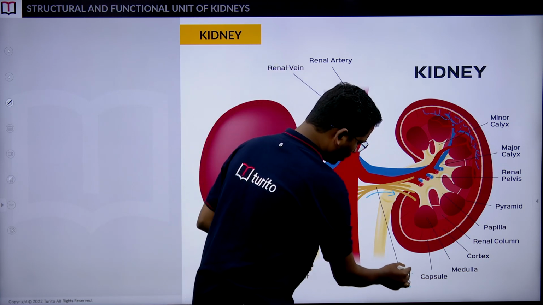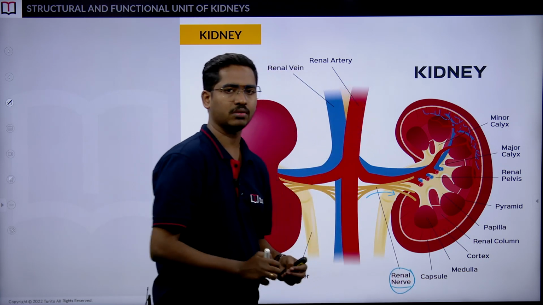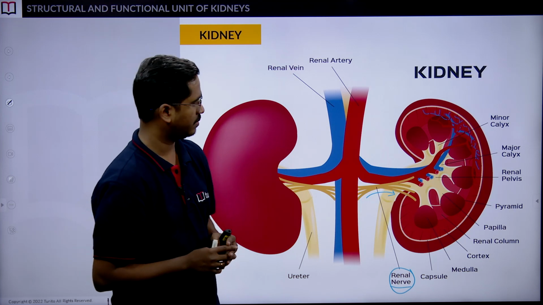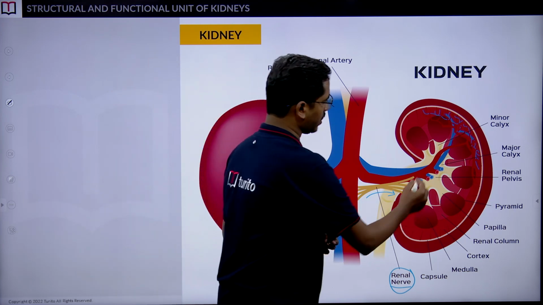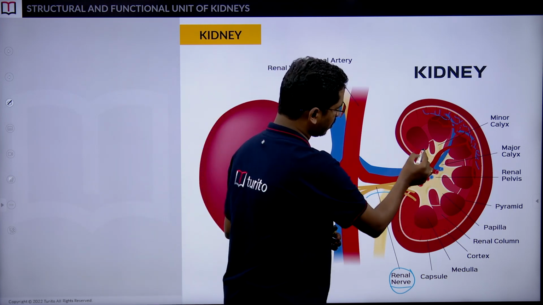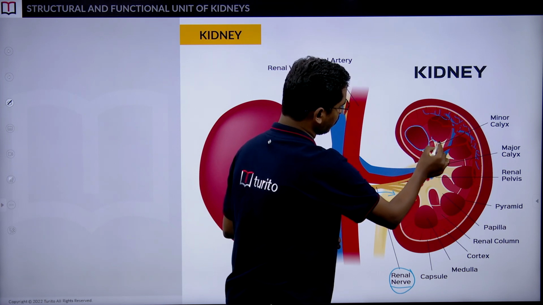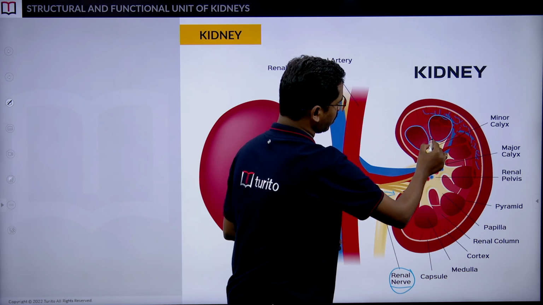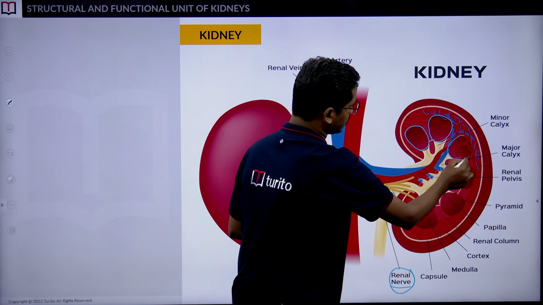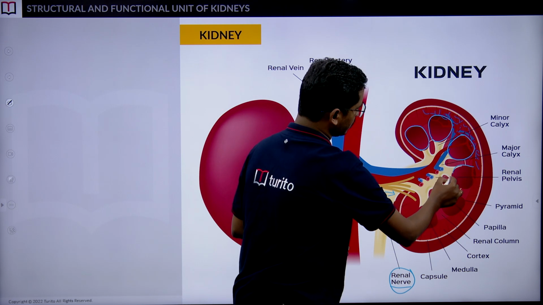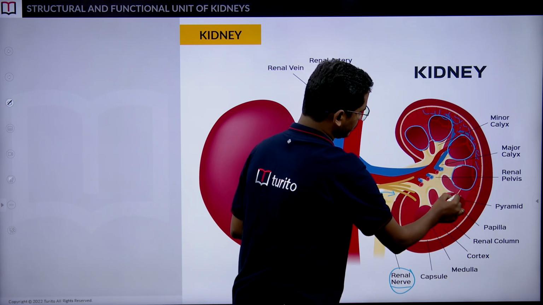The same is true of the kidneys, they are also innervated with nerves. If you observe here carefully, we have several parts which have more or less the shape of pyramids. I am just trying to draw the outline here to make you understand.